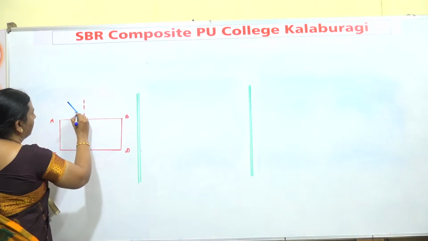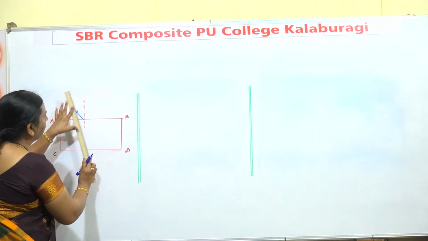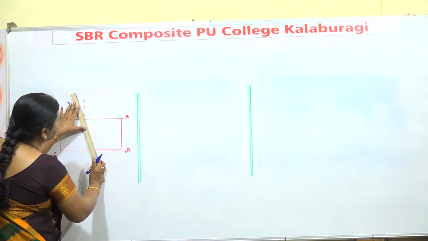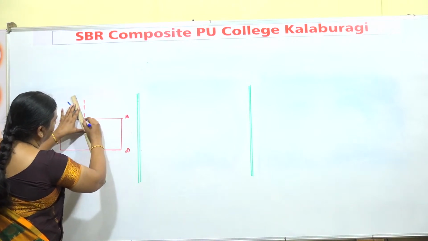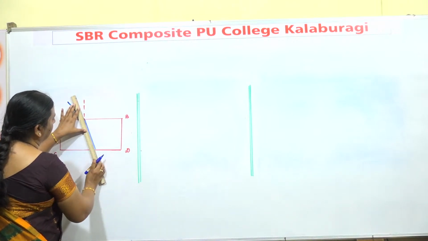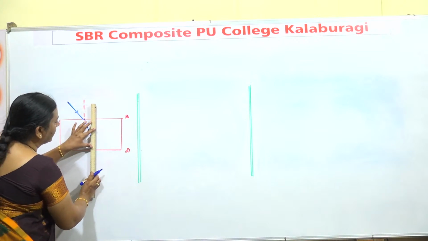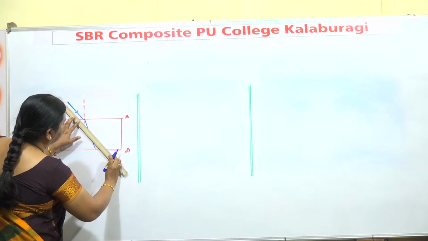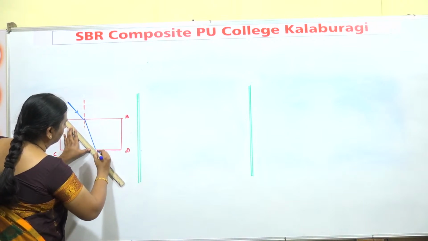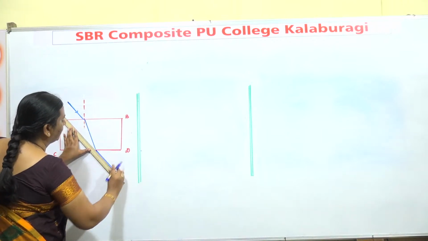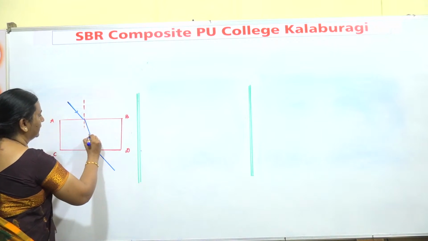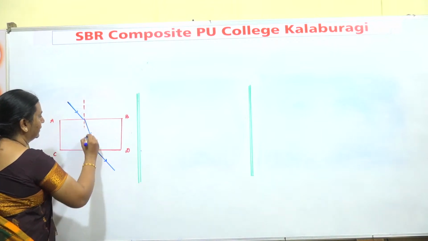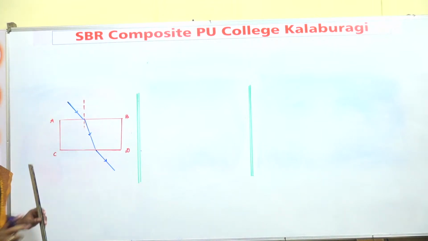Say a light ray is incident at this point, we know that it is going to bend, and here once again it is going to move away from the normal. Let us draw the normal here also.